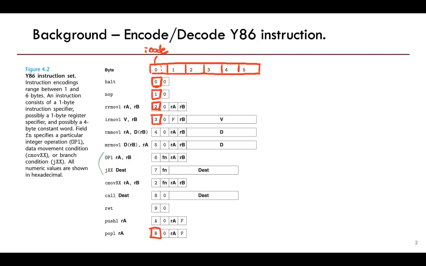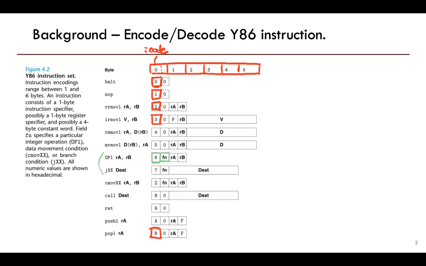Even though we fetch the first 4 bits, we just know it is an arithmetic instruction, one of the arithmetic instructions, but we don't know exactly which instruction we are fetching, right? Because of this, we use four more bits to identify the arithmetic instructions in this category.